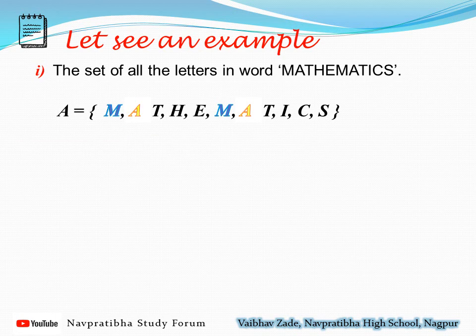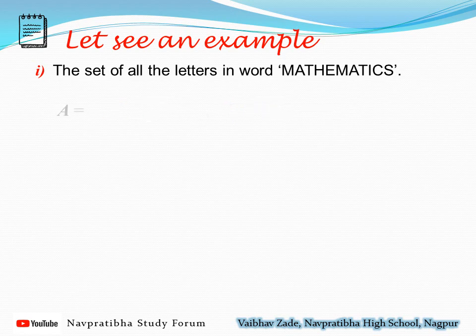M is repeated, A is repeated, T is repeated. So we remove the repeated letters and write each only once. Our new set is A equals to M, A, T, H, E, I, C, S. This is the set of all letters in the word mathematics.